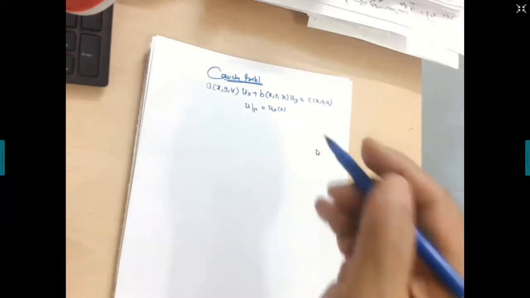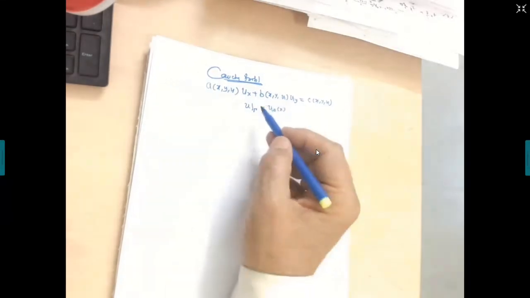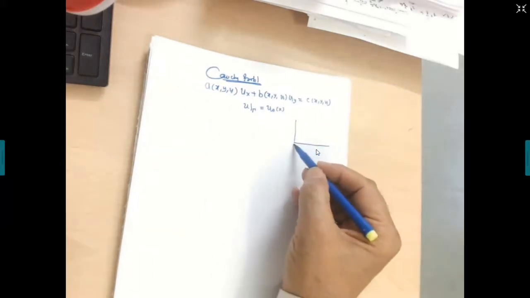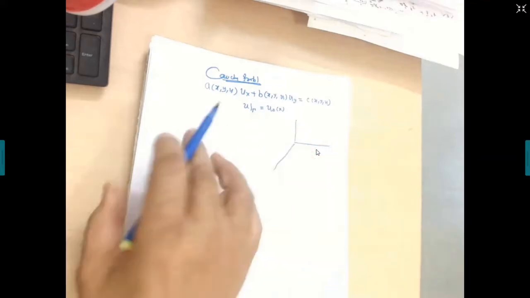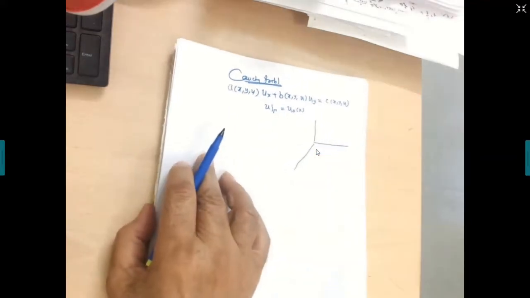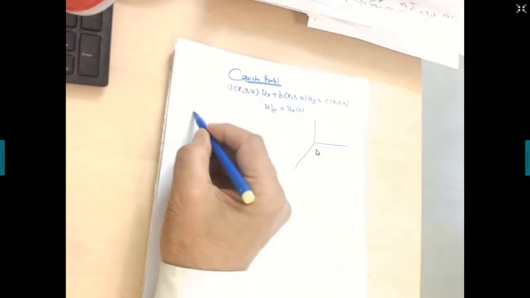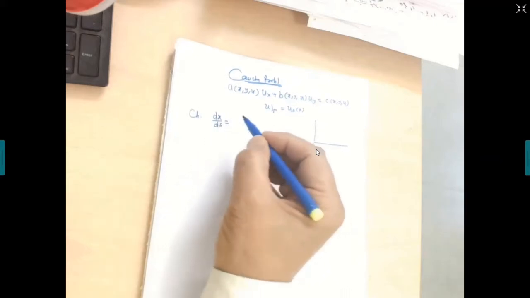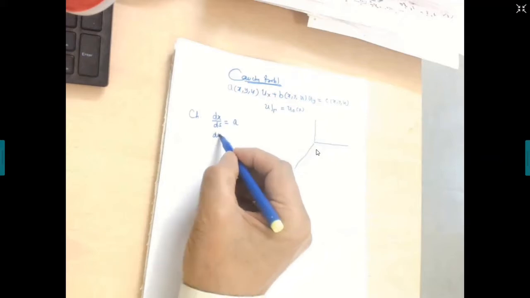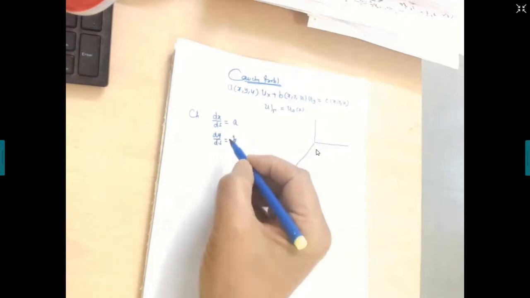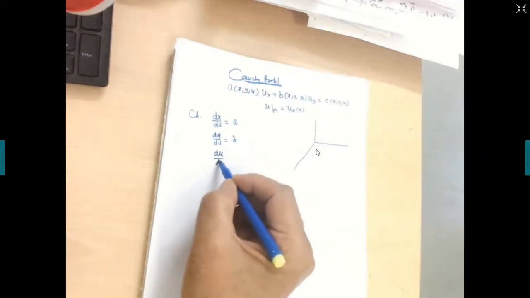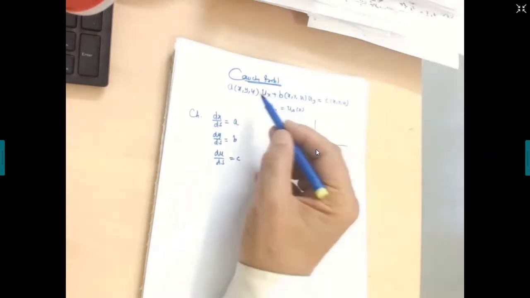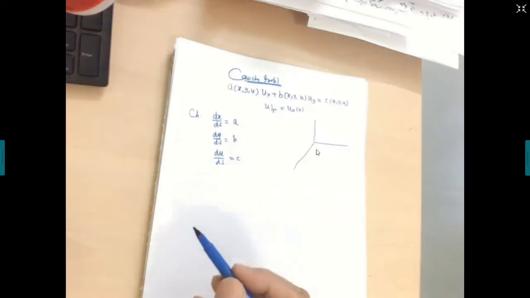What did I explain? This Cauchy problem can be studied just by finding the characteristics of this partial differential equation. So what are the characteristics? The characteristics are dx by ds is A, dy by ds is B, du by ds is C. A, B, C are functions of x, y, u.